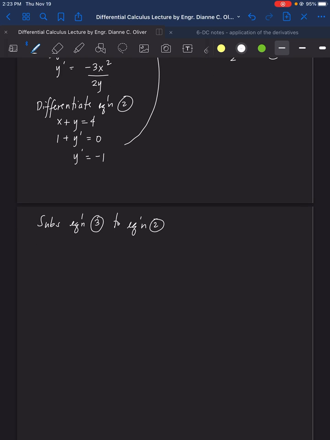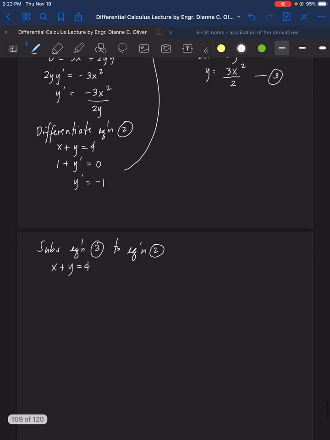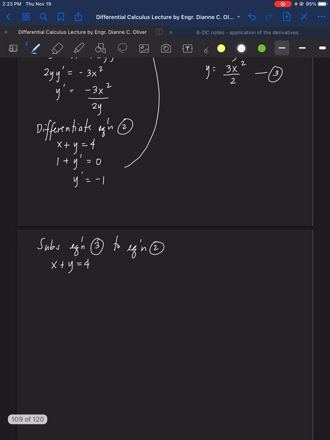Equation number 2, and that is x plus y is equal to 4. And the equation for y is 3x squared all over 2, so x plus 3x squared all over 2 is equal to 4.